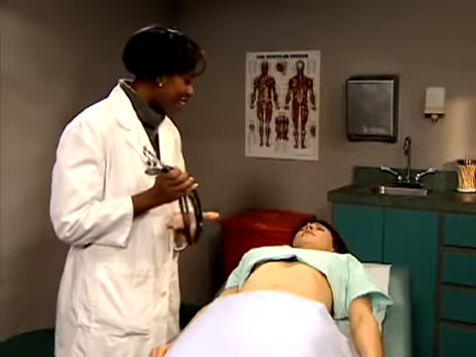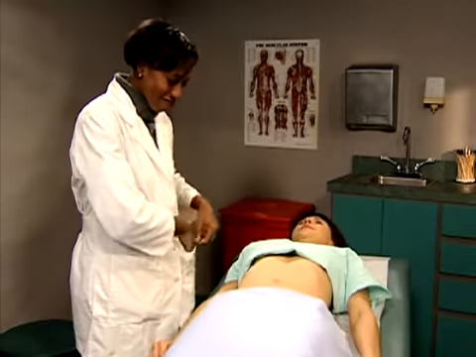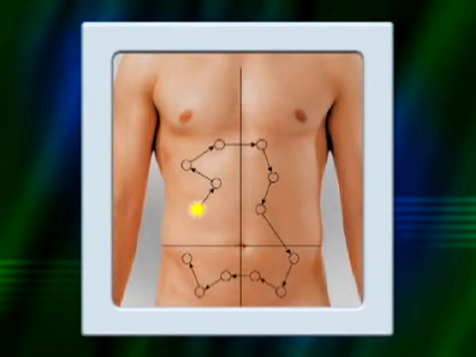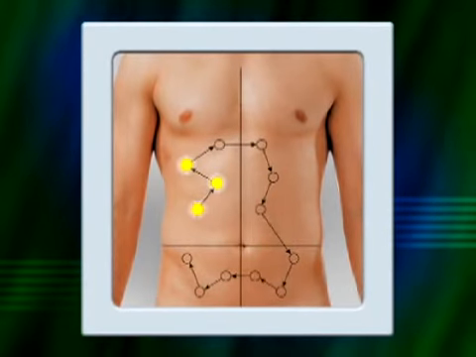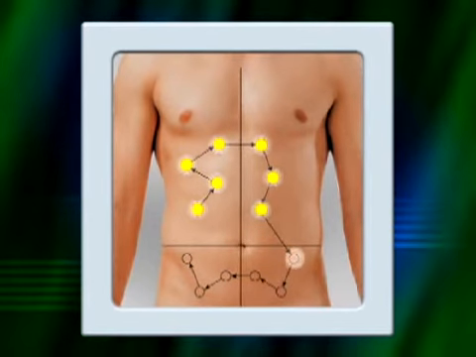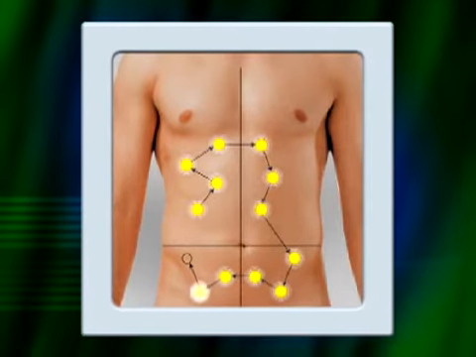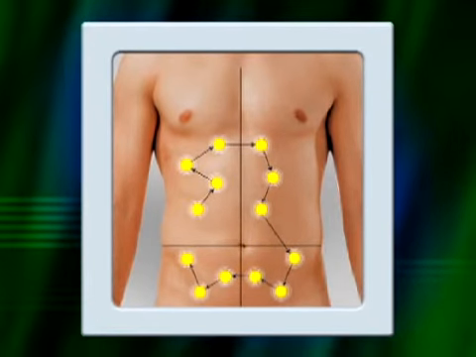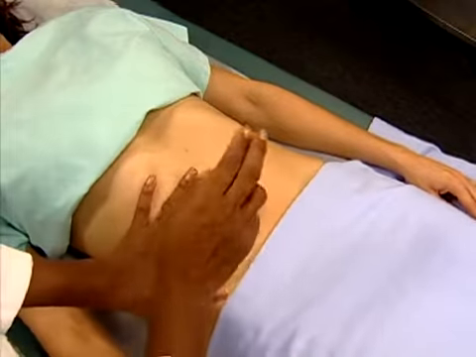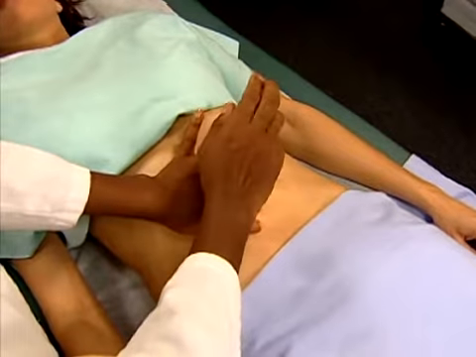Next, percuss all of the quadrants or regions, following a systematic route such as this one. As you percuss, expect to hear tympany over air-filled organs, such as the stomach or intestines.